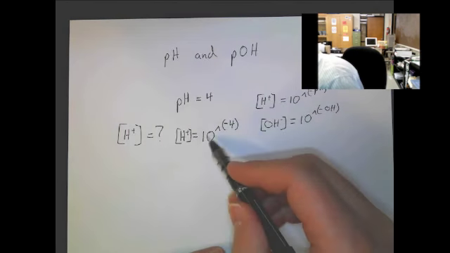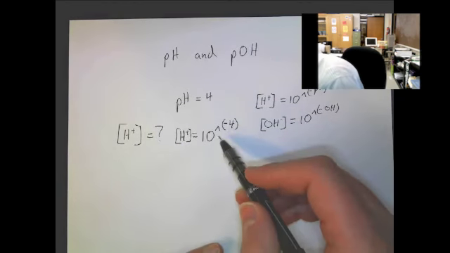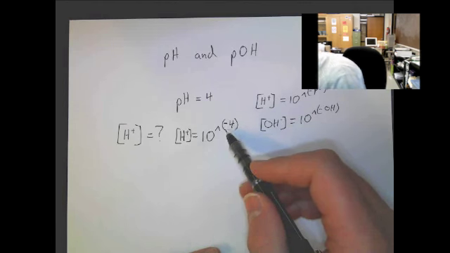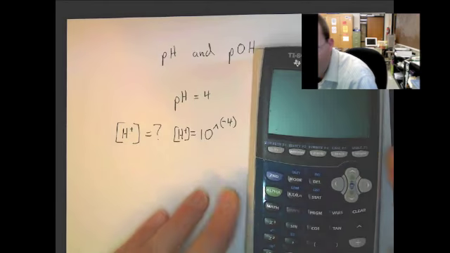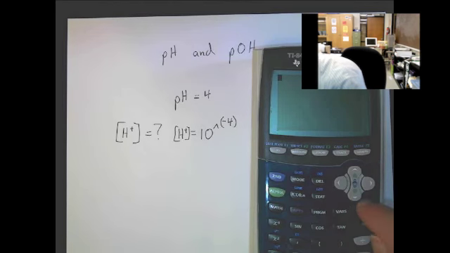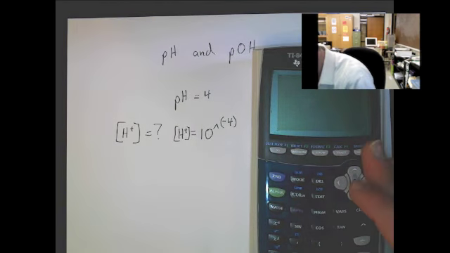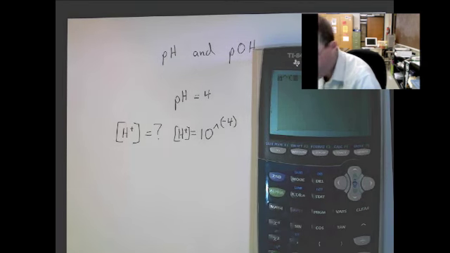So if we go back to this here, we have pH, we want hydronium. So what we do is take this 10, raise it to the negative 4th power. And it looks a little bit like this. So you can do this. You hit second, and then you hit log. And look, it matches up right there.